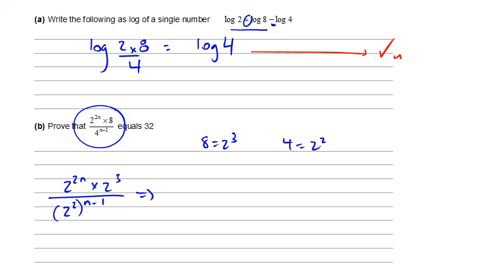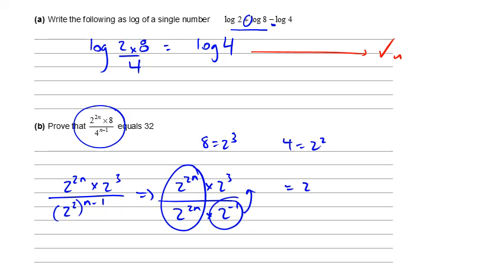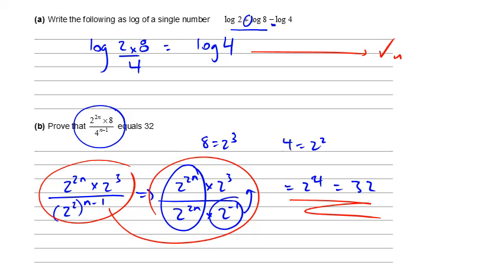And when I go here, this is 2 to the 2n times 2 to the power of 3, 2 to the 2n times 2 to the negative 1. There's my 1. That goes on the top line and becomes 2 to the power of 4, which is 32. Now obviously I skipped a few steps within here and here, but that's what was required for a merit tick.